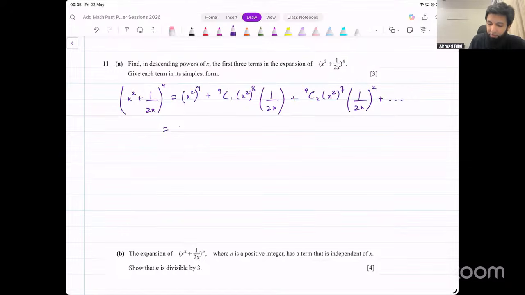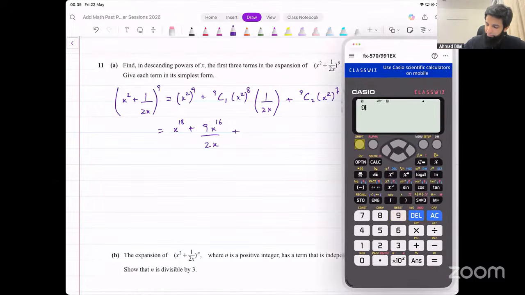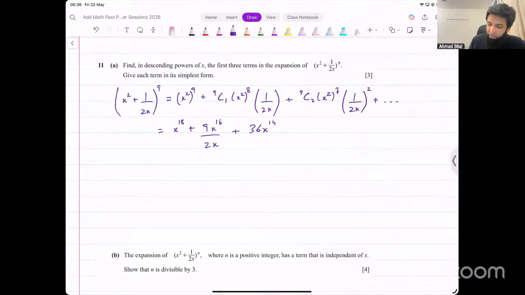Okay, what do you get from this? x power 18. 9c1 is just 9 into x raised to power 16 in the numerator. In the denominator we have 2x, plus 9c2. Let's put this on our calculator. 36 x raised to power 2 times 7, which is 14, divided by 2 into 2 squared, which is 4x squared.